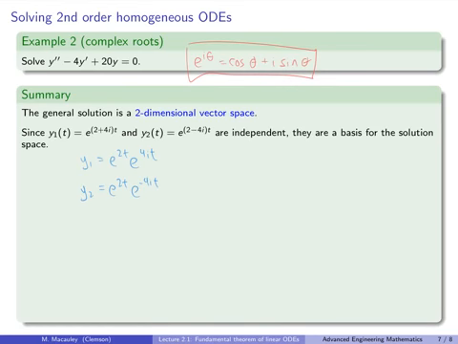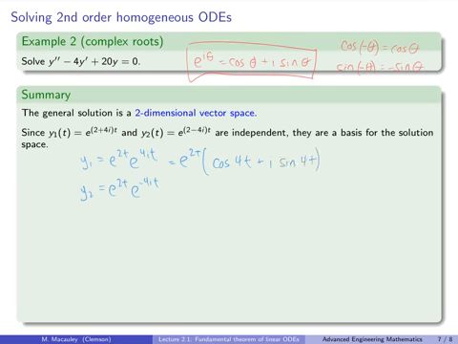One other quick thing. Another useful fact is that cosine of negative theta equals cosine of theta, and sine of negative theta equals negative sine of theta. So the first one I'm going to write as e to the 2t times, now theta is 4t, cosine of 4t plus i sine of 4t.